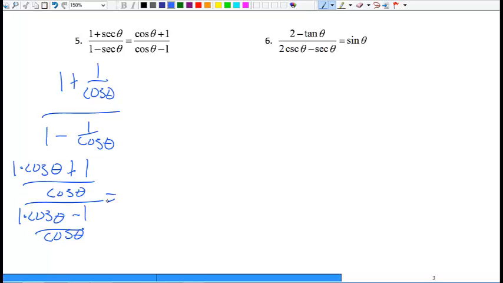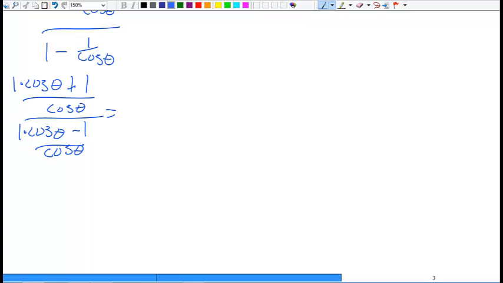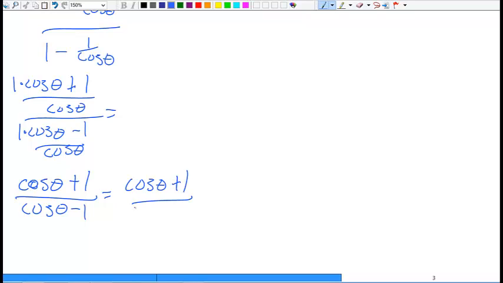Okay, and what do I notice? Well, I happen to notice they're both being divided by cosine, so that's going to leave me with cosine theta plus 1 over cosine theta minus 1, which is what I was trying to show. So yay, got that one.